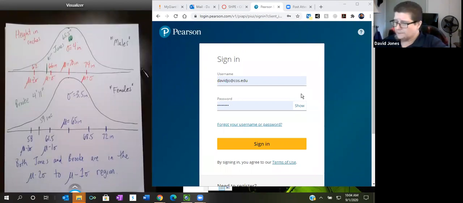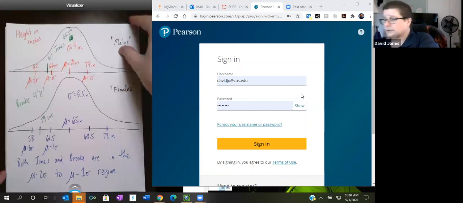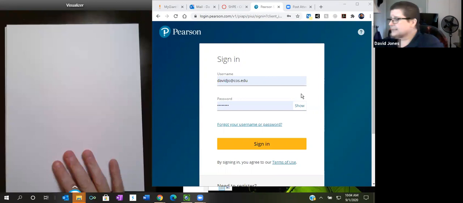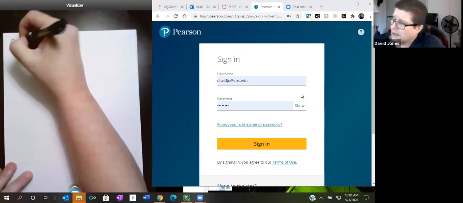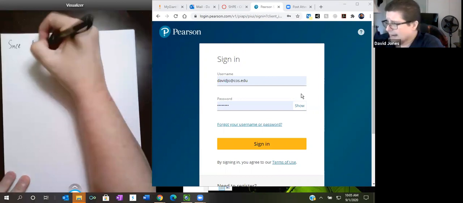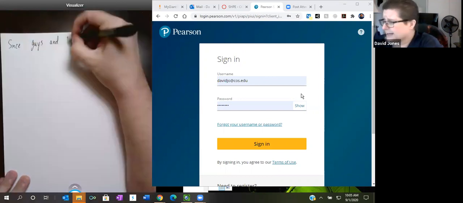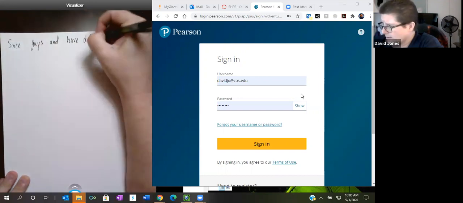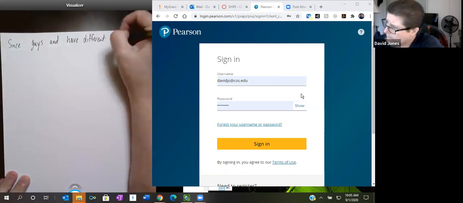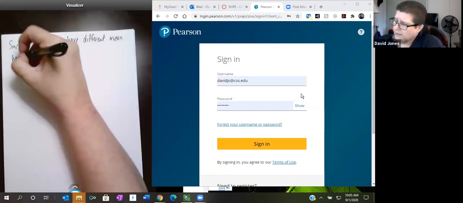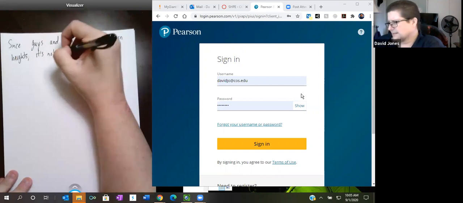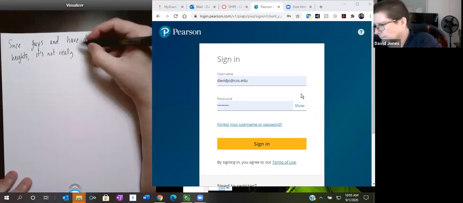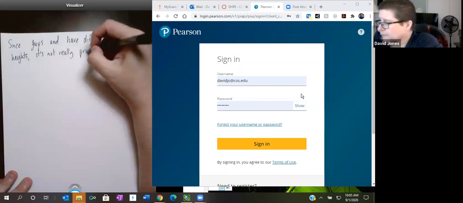So this is the logic of what we're going to do here. Since guys and gals have different mean heights, it's not really proper to compare them directly.